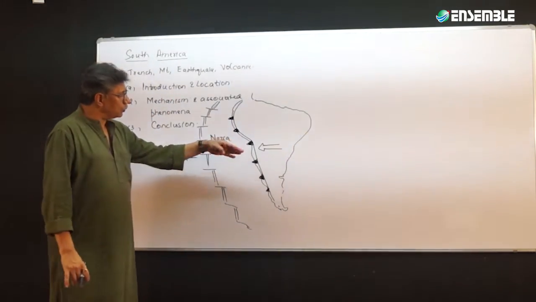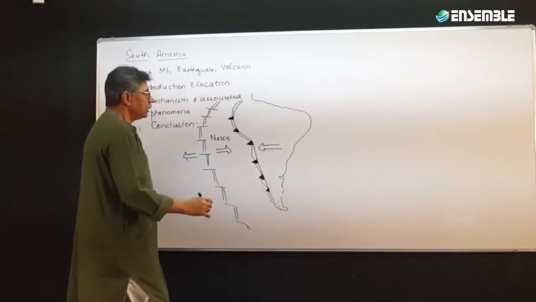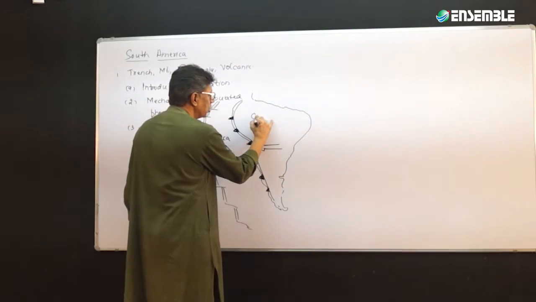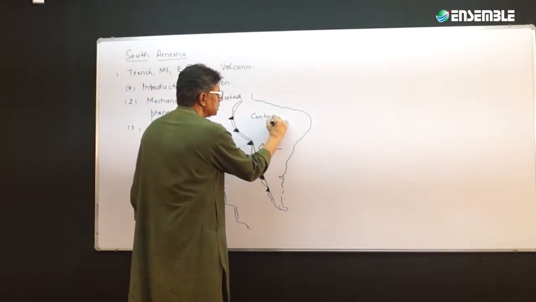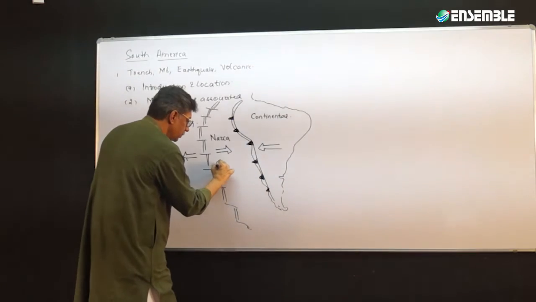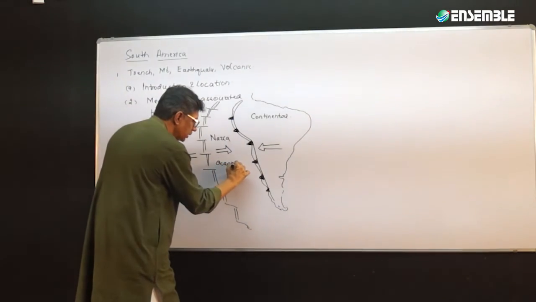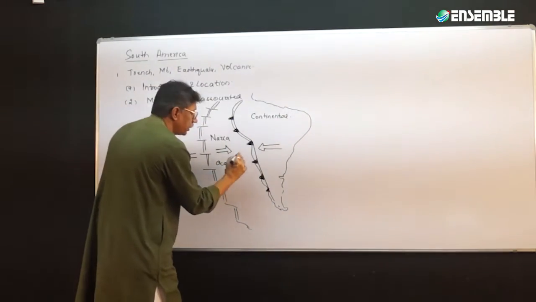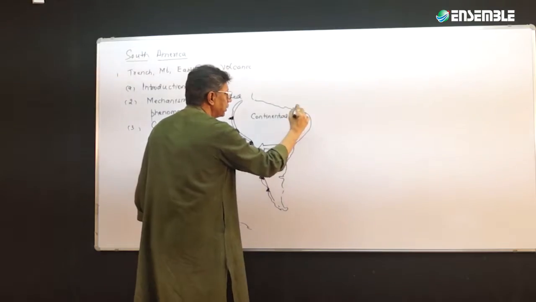Now you can go on to write something. You can write that this is going to be a continental plate, and that is an oceanic plate.